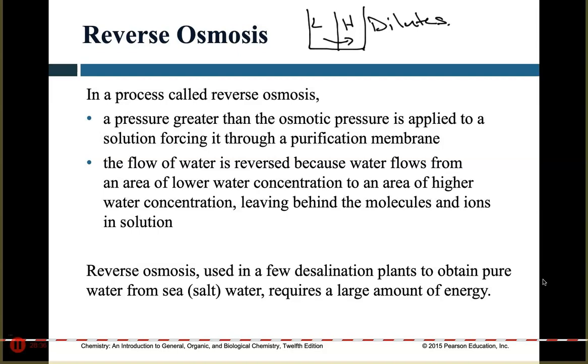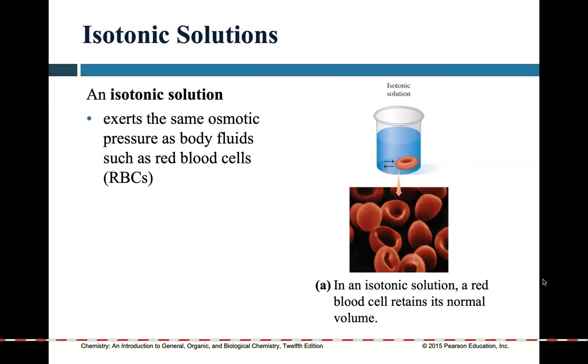If you reverse the process of osmosis, you can have a semi-permeable membrane with a high concentration on one side and no solute on the other, and force water from high to low by putting pressure on the top and forcing the water through the membrane, effectively purifying it. Because it's the reverse process, it's called reverse osmosis. You've probably heard the phrase before but didn't know what it meant. It literally just means doing osmosis in reverse. It requires work, though, to push the water backwards against the gradient.